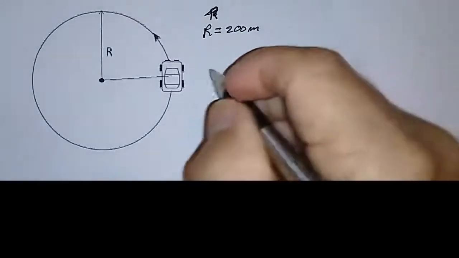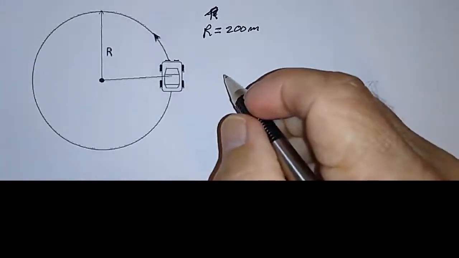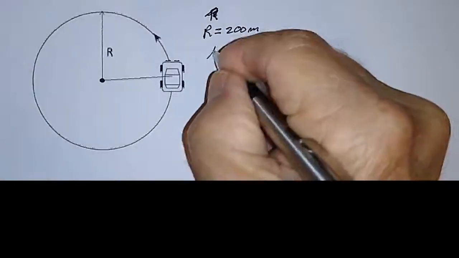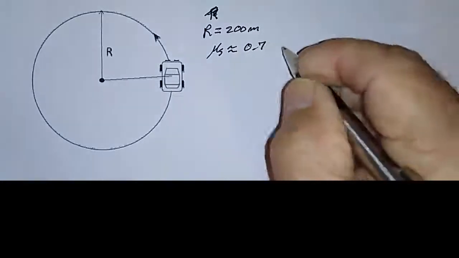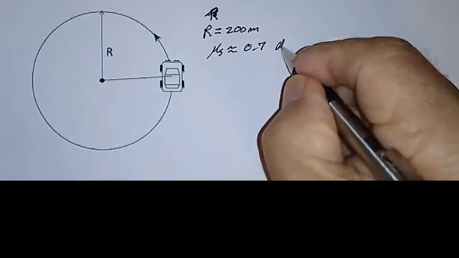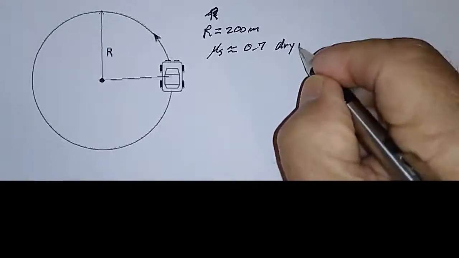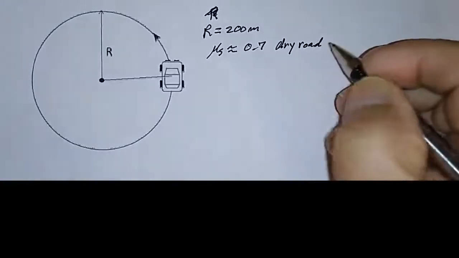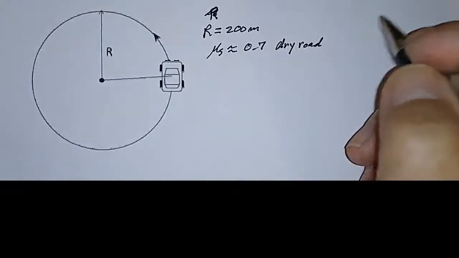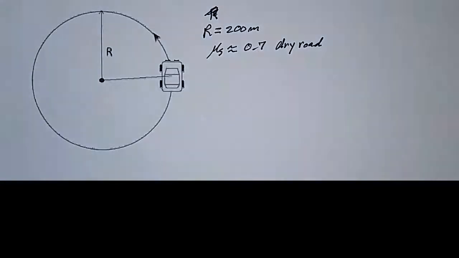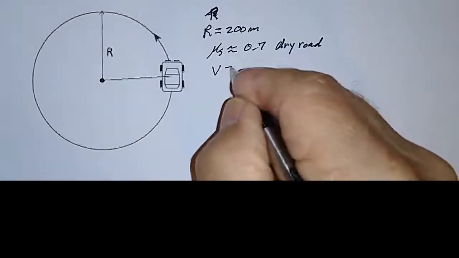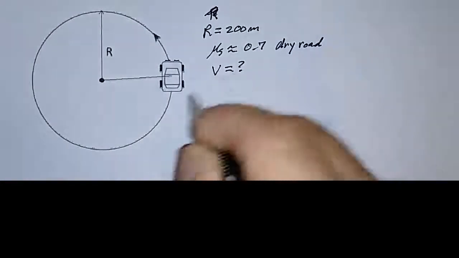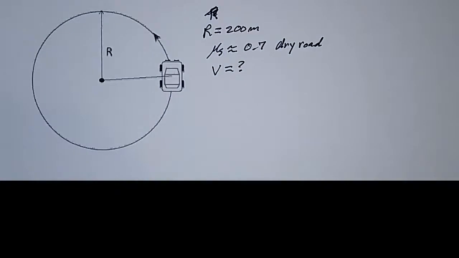And let's say that the coefficient of static friction is about 0.7, and this is for a dry road, which is typical for tires and concrete, about 0.7. So the question is, how fast can you go around that curve without slipping?